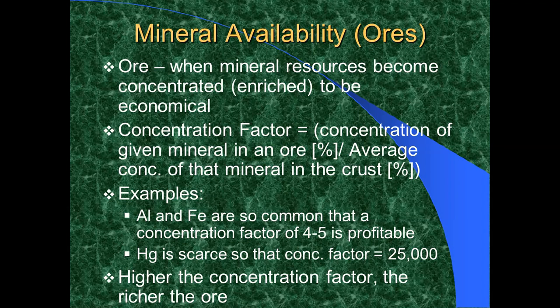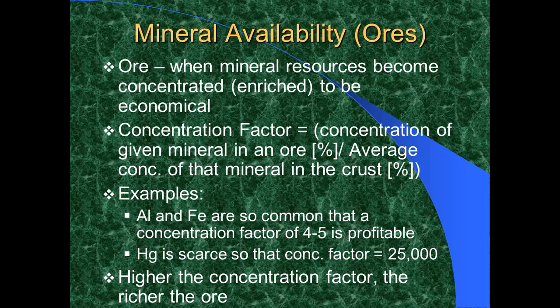So for example, aluminum and iron are so common in the Earth's crust that they can be profitably mined at a concentration factor between 4 and 5. So 4, boom, we can make money on an aluminum deposit. Now would we want that number to be higher? Sure. Okay, we'll mine a deposit of 4, but we'd like it if it was 50 or maybe 200, because the higher the concentration factor, the richer the ore, the more money we can make.